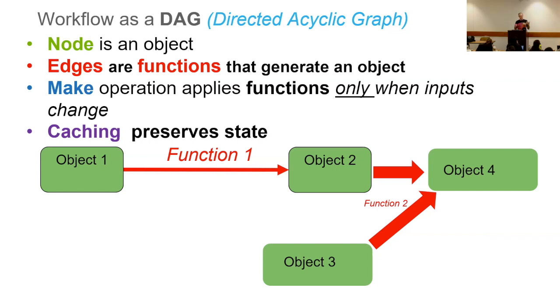But in a DAG, every node is an object. In our world, it's a data structure of some sort, and the edges are functions that we apply. So we want to run a make function that'll only execute the functions needed to update nodes that need to be done, and we've got some kind of caching to preserve state.